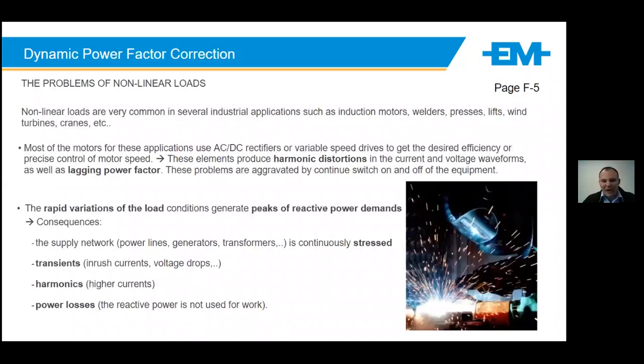Most of these are AC to DC rectifiers or variable speed drives on the network. These rapid variation conditions generate peaks of reactive power. Consequences, the same as standard power factor: there's additional stress on the transformer, transients, harmonics, and power losses.